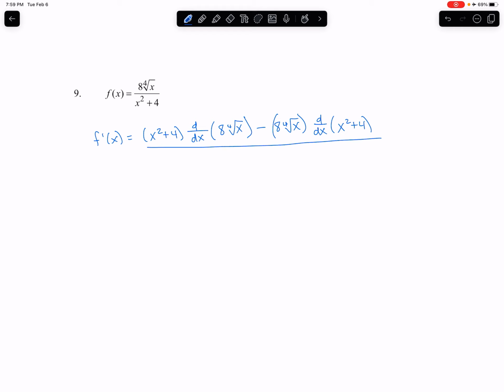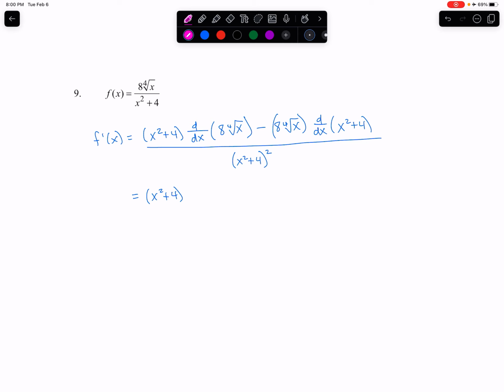All over the bottom squared. So we'll have x squared plus 4 times the derivative of x to the fourth root, or 8 times the fourth root of x.